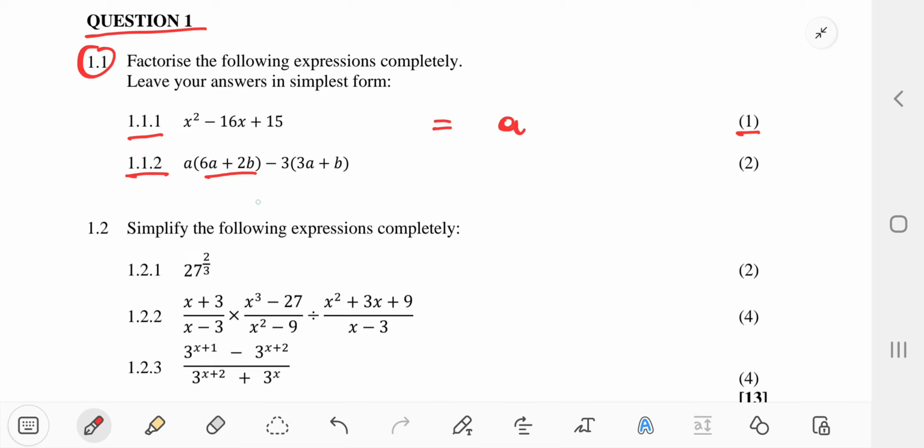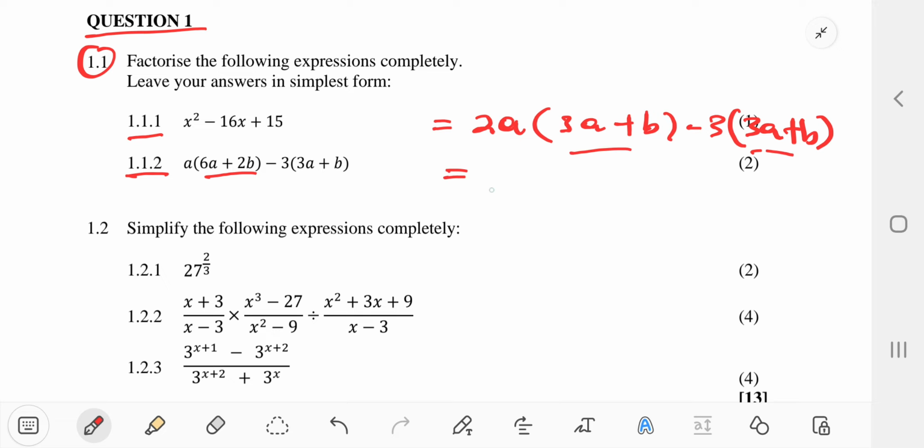We have 2 as a common factor. 2 times a is 2a, times, 6a divided by 2 we get 3a, 2b divided by 2 we get b. So now we have minus 3(3a plus b). So we take out a common factor of 3a plus b, (3a plus b)(2a minus 3). And then the expression is fully factorized.